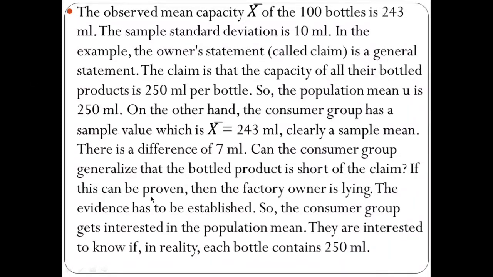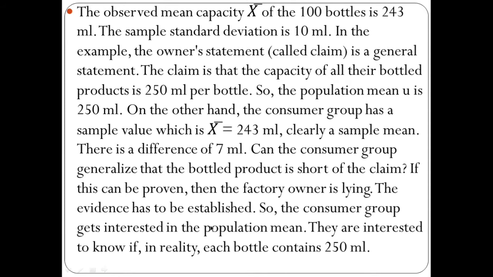If this can be proven, then the factory owner is lying. Okay, so if ever na yung consumer group mapatunayan na mali nga yung claim ng owner, ibig sabihin yung factory owner is lying, or nagsisinungaling. So the evidence has to be established. Okay, so once na napatunayan na mali yung claim ng owner, which is yung gagamitin natin sa first is dapat null hypothesis.